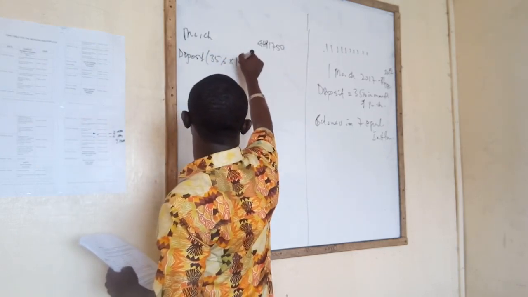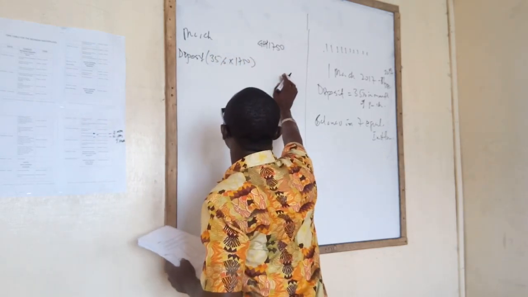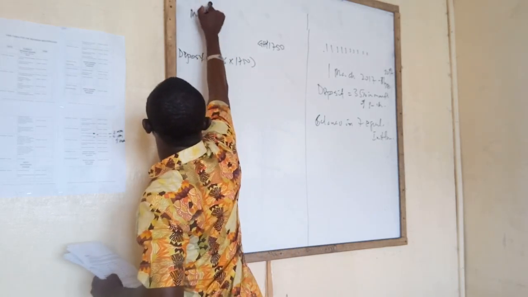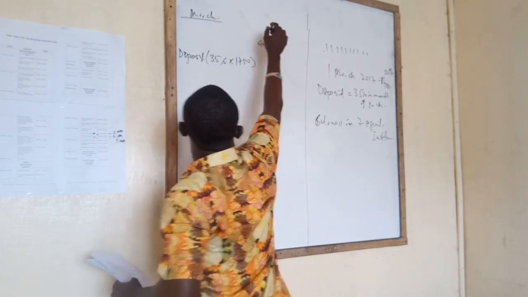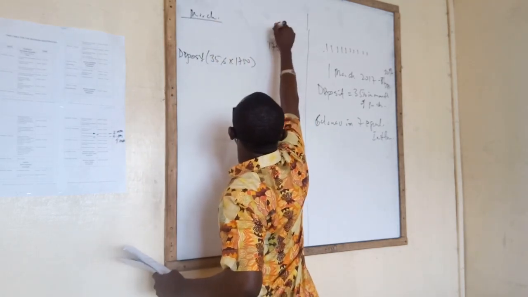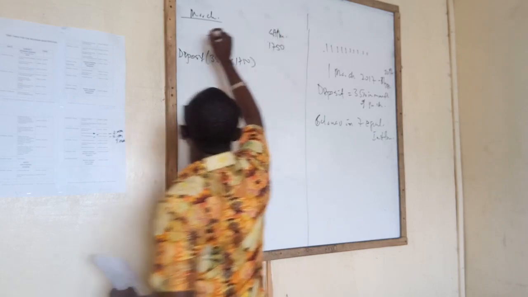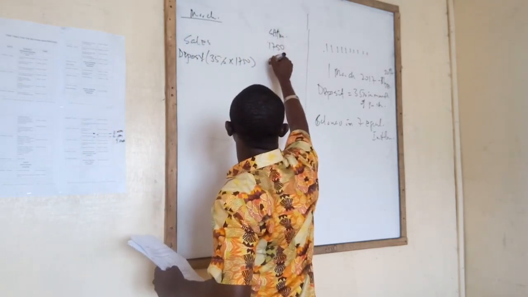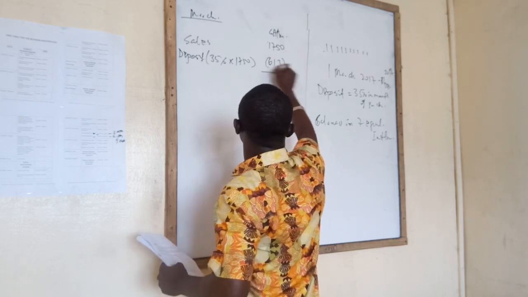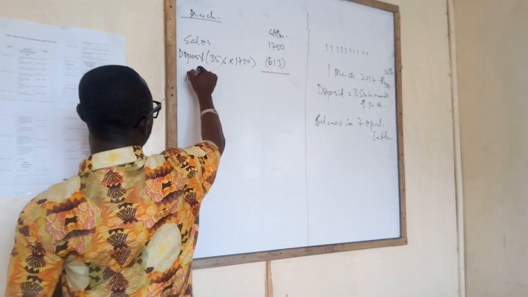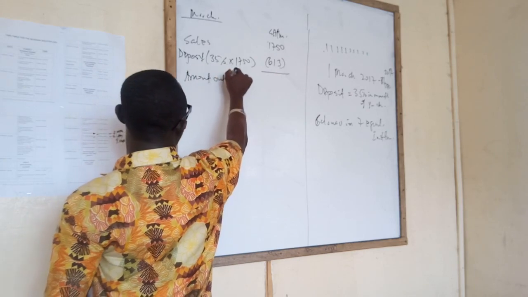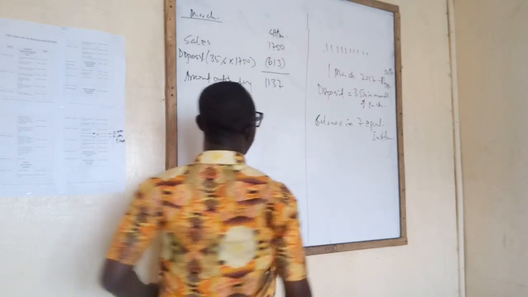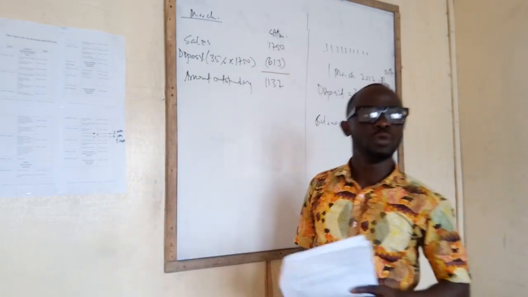So 35% of 1750, what do we have? 613. So amount outstanding, 1137. Then we are told that the amount outstanding will be paid when?